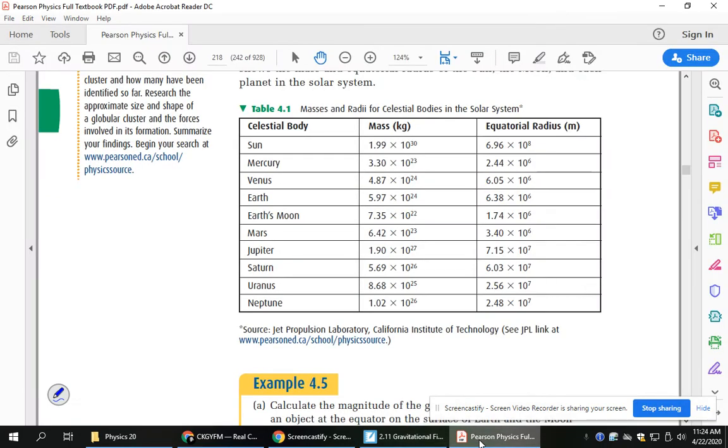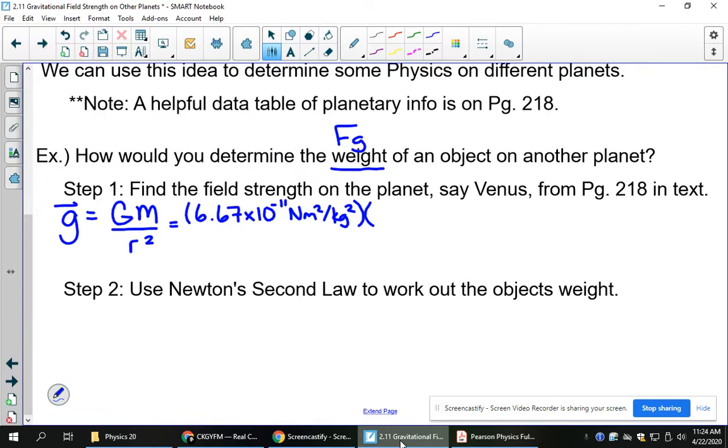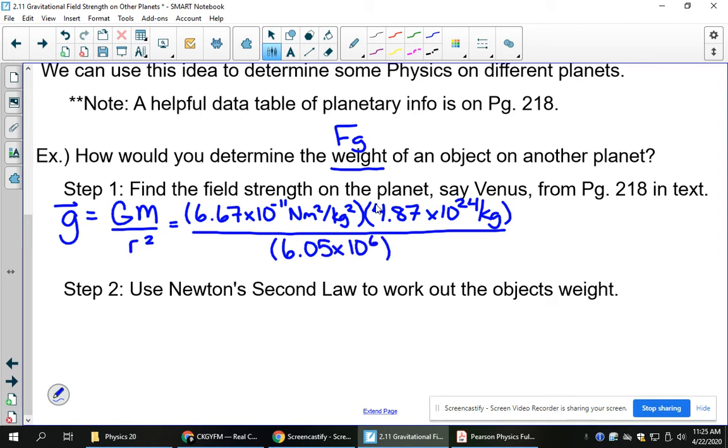So I'm going to look on page 218 in the textbook, and I find Venus has 4.87 times 10 to the 24 kilograms. And I'm going to divide by the equatorial radius squared, which from the chart is 6.05 times 10 to the 6 meters squared. Pause the video, put this in your calculator, make sure that you can type it in properly.